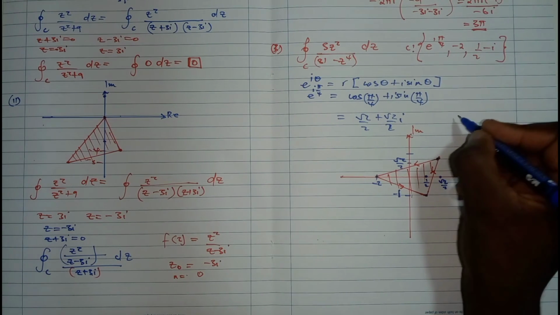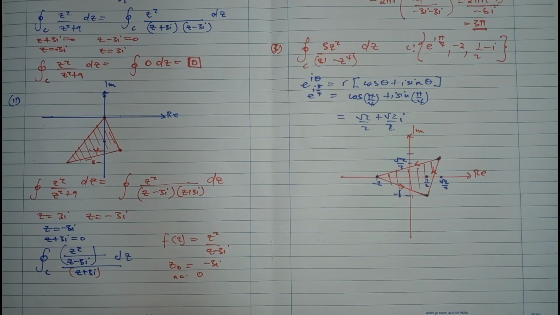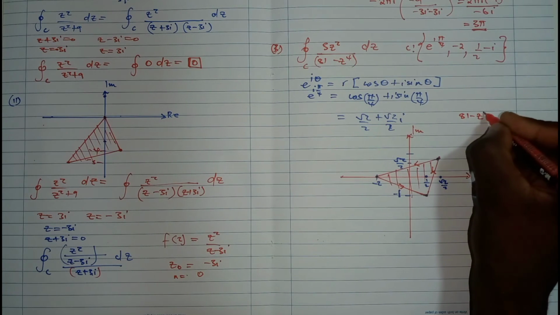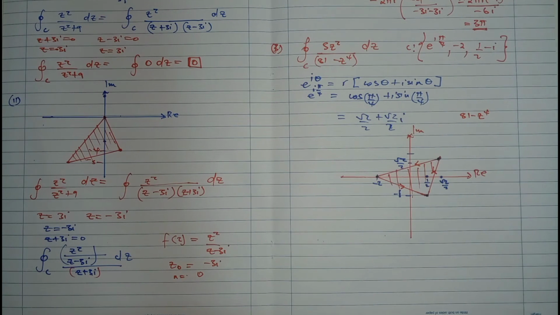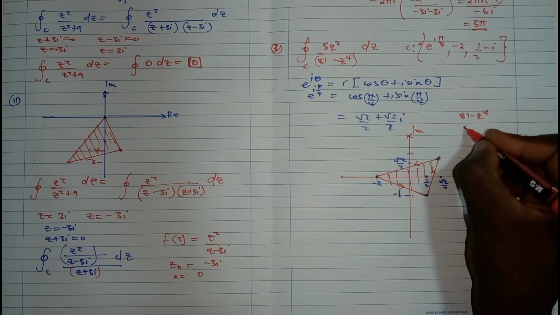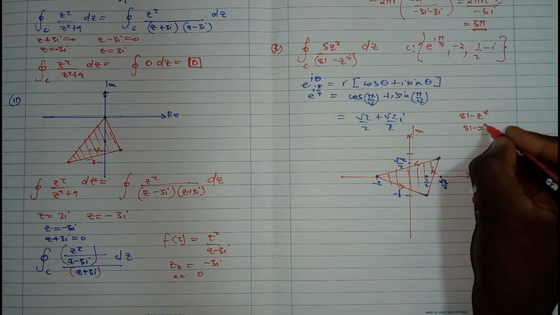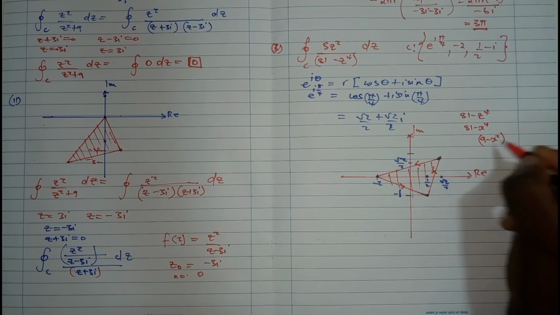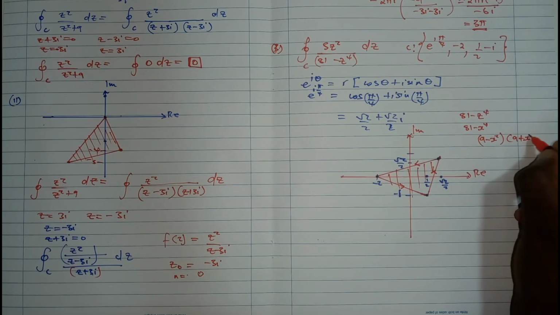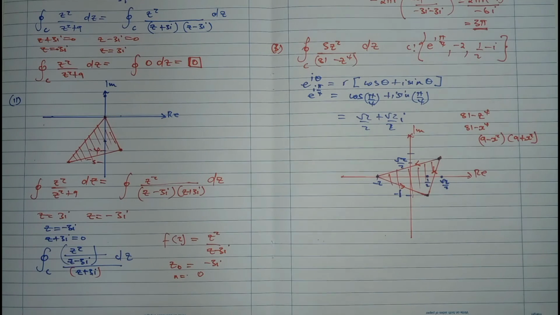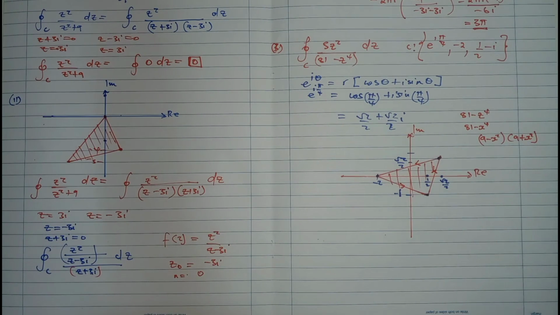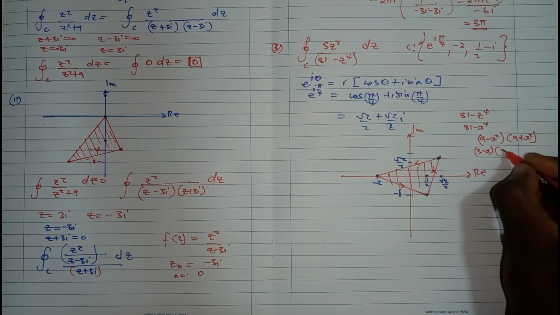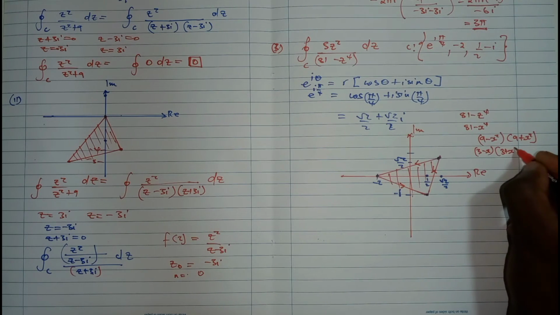So we have 81 minus z to the power 4. If we treat it as 81 minus x to the power 4, we're going to get 9 minus x squared and 9 plus x squared. And 9 minus x squared, we know that this is 3 minus x, 3 plus x.